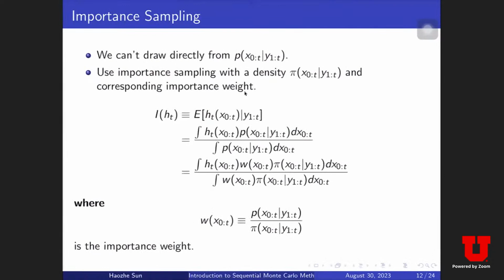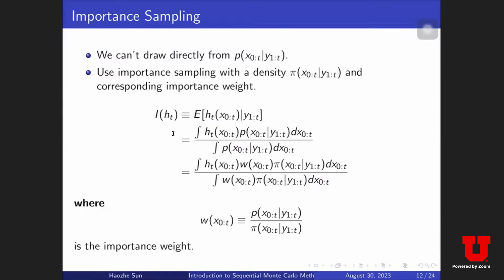And now we have importance sampling. Since we cannot draw from P directly, we can use importance sampling to draw from P indirectly, using an importance sampling density pi and a corresponding importance weight for each draw.